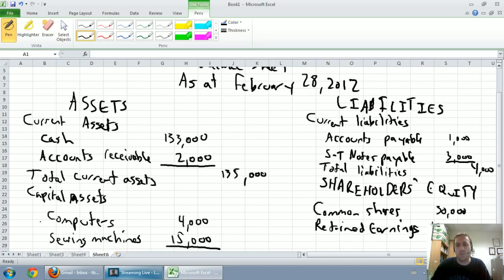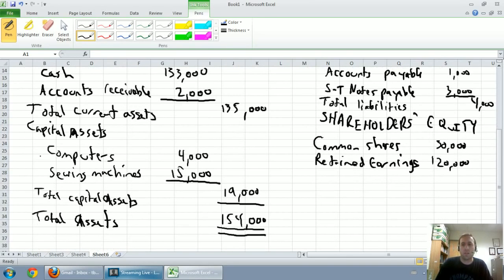So I'm just going to give myself a little bit more real estate here. My total shareholders' equity, I'm going to abbreviate that as SE for space purposes here. 30 plus 120 is $150,000.